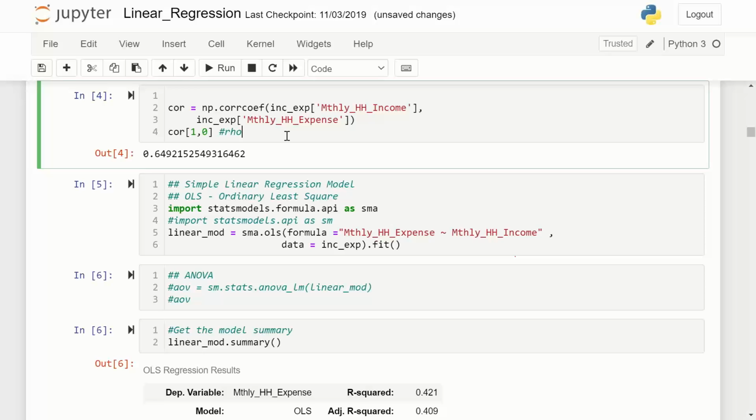I cannot write the symbol because we cannot keep writing that symbol easily. We typically represent correlation by the symbol R. Income, expense, correlation is 0.64.